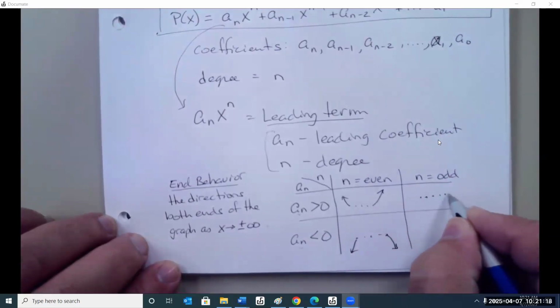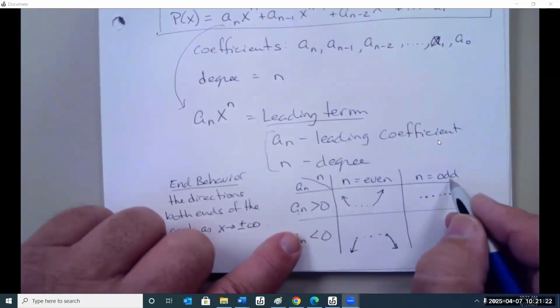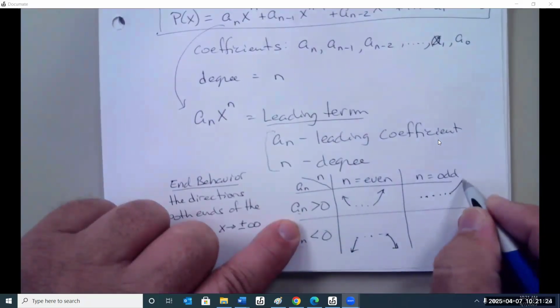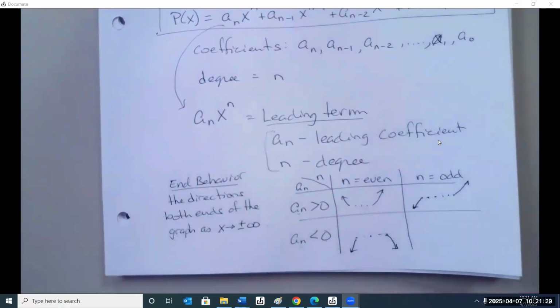And here are all my x-intercepts. If n is odd, if your degree is odd, and a is positive, it's an increasing function, meaning it goes up to the right, down to the left.